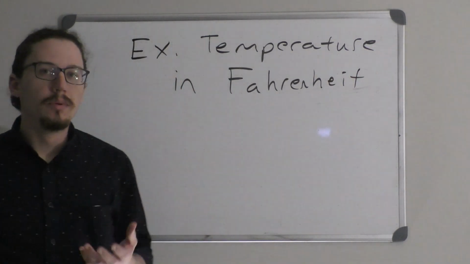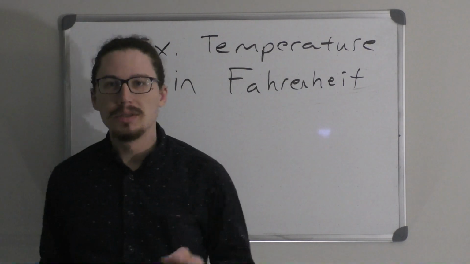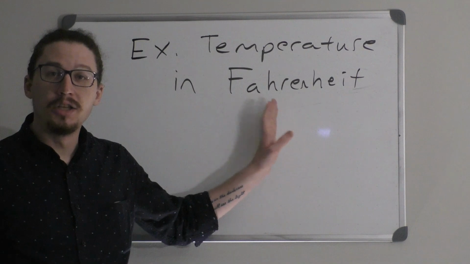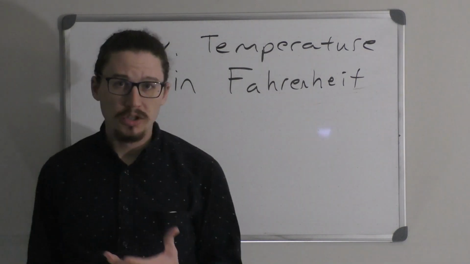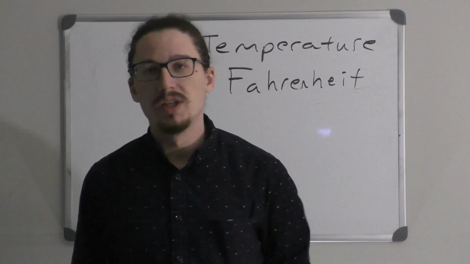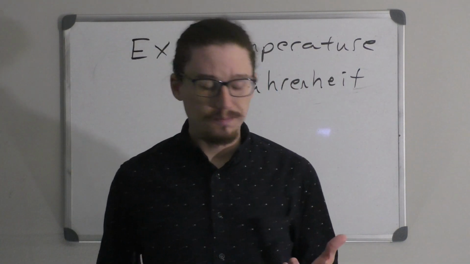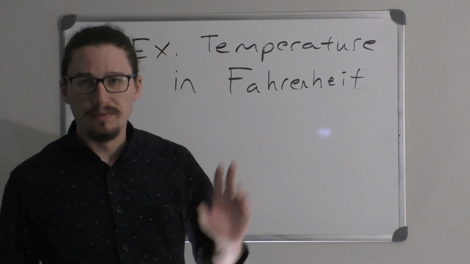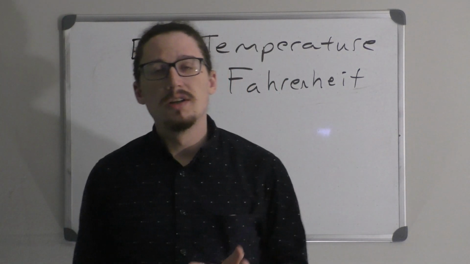All right, there's not a whole lot of examples, or at least not common examples, of interval scale data. One of the best ones though is temperature, when we are dealing with it in either the Fahrenheit or Celsius scales. We'll just stick with Fahrenheit.